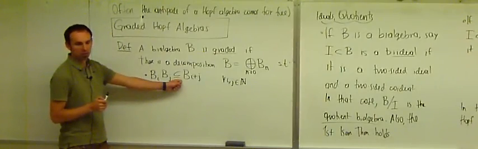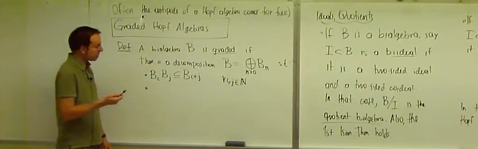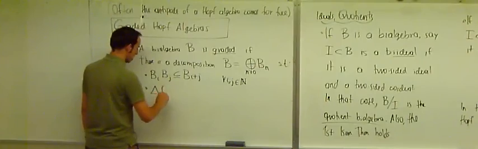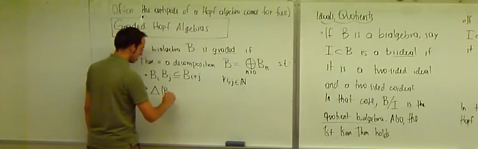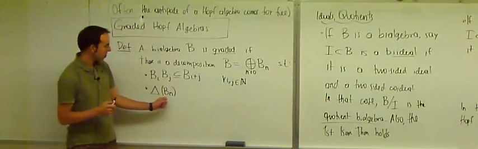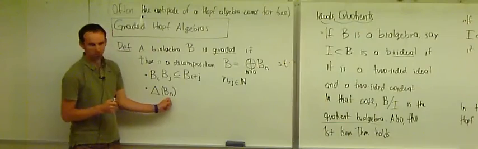What about the coalgebra part? The input is a single thing, and so this should talk about what happens when you apply the coproduct to things of degree n. And what do you think should happen?